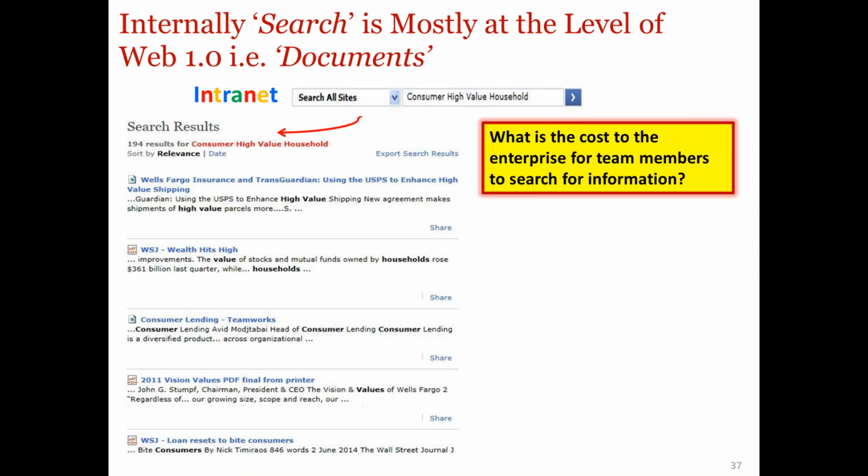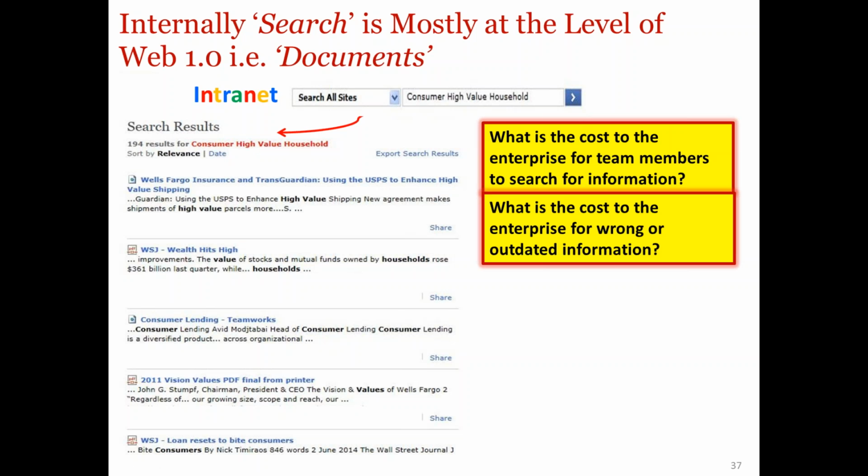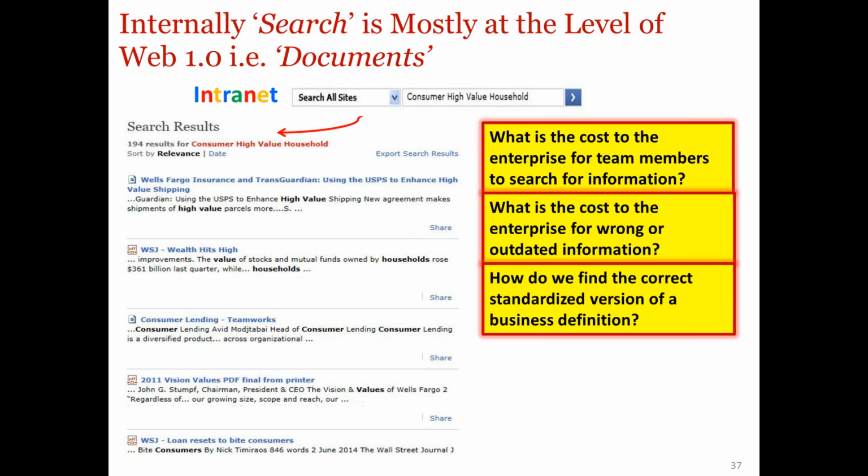What happens here, if you're not getting the definition, the real answer, but you're getting documents that just have similar tags but don't really answer the question, is that we're creating an expense in the institution. And there's a cost there. And what happens if we get the wrong information?